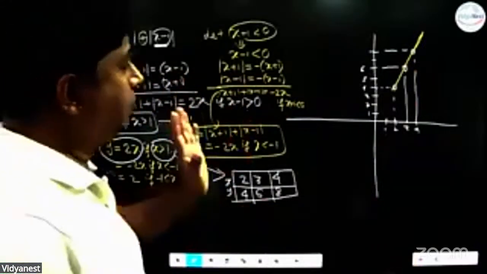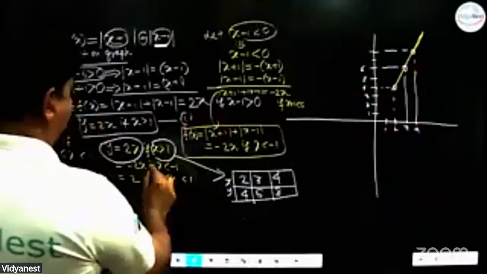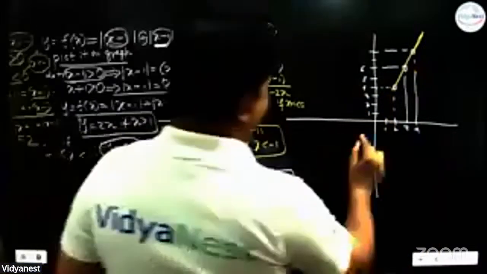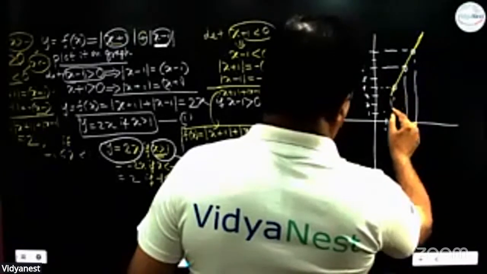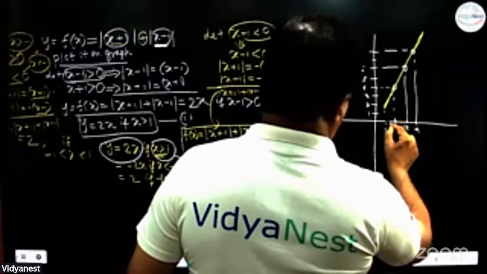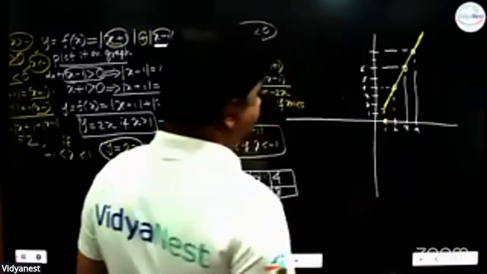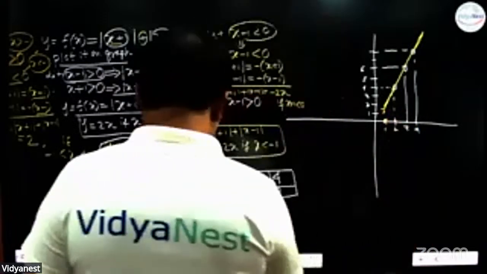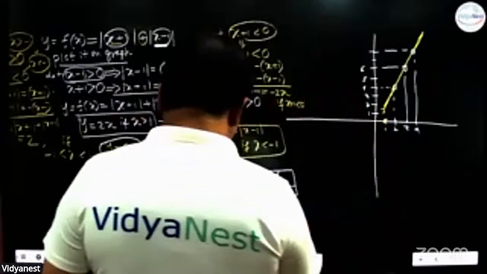How long shall I stretch this line? It is given x greater than 1. So the point will reach here. Just before reaching 1, it will stop. Roughly drawn, that's why.